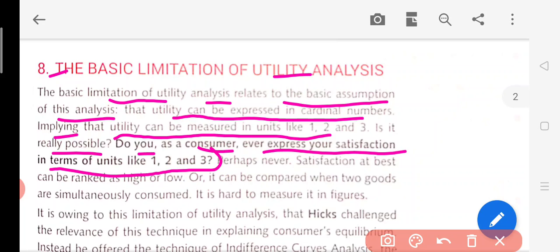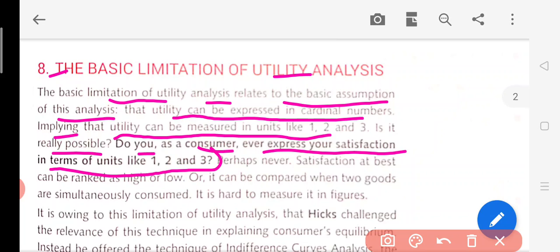So what will you say? It's okay, I had it yesterday only. So I'm not that much satisfied because I had it in the morning only or yesterday only. But suppose you're eating that chocolate after a long time, then your satisfaction will be very high. So here it will be either high or low.